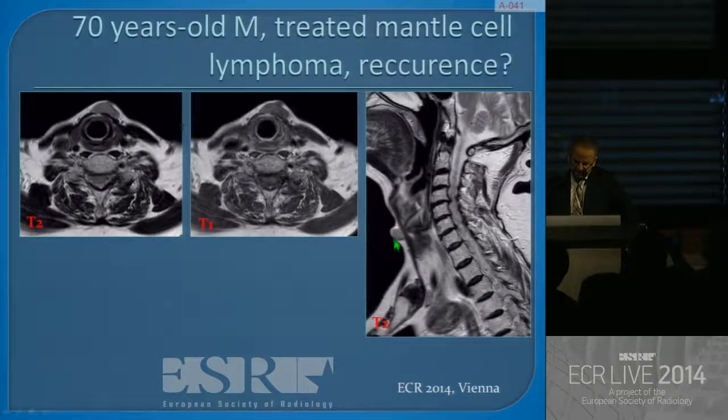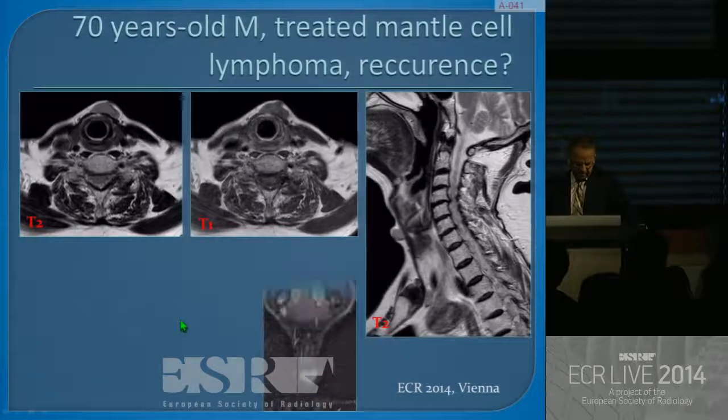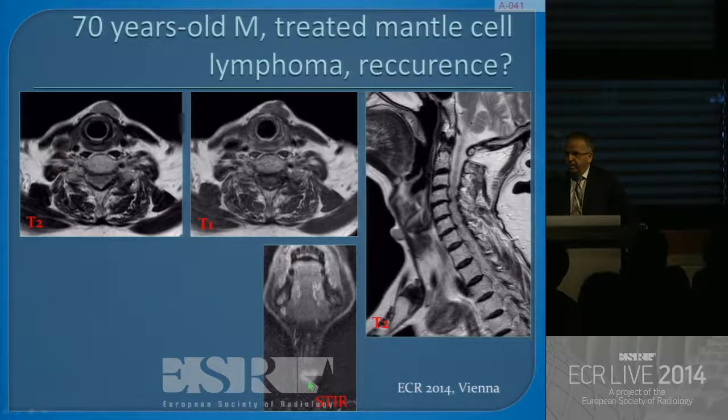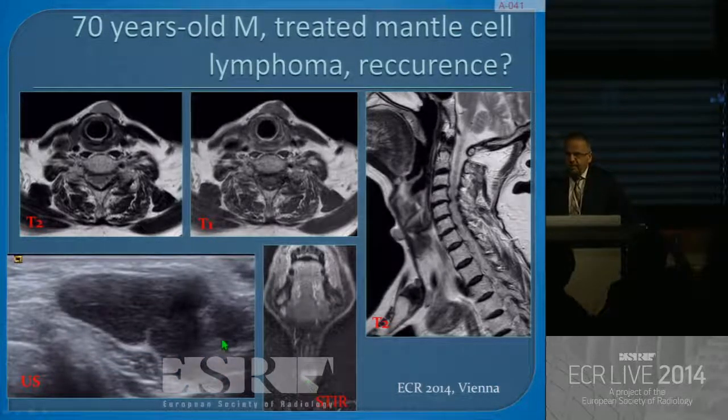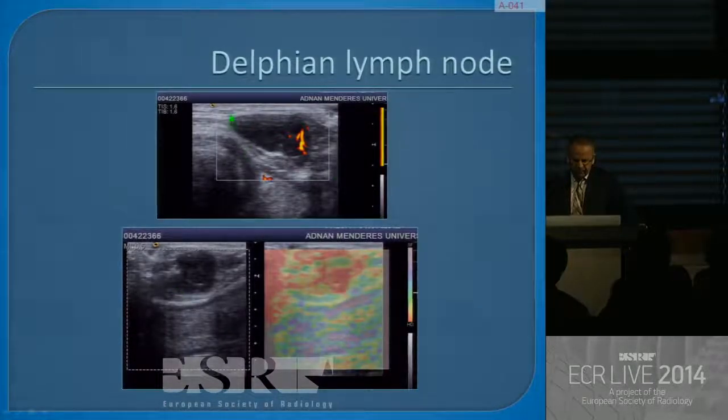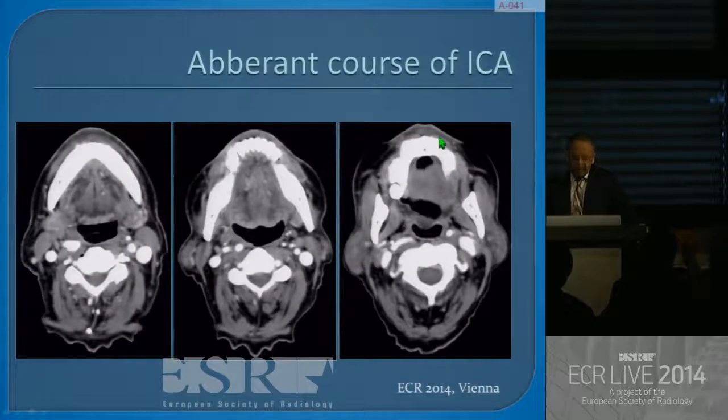It looked like this on the sagittal plane, and on STIR images, it looks bright. Can it be a dilated anterior jugular vein? This time, no. It's a simple but malignant lymph node located anterior to the tracheal cartilage, the Delphian lymph node.